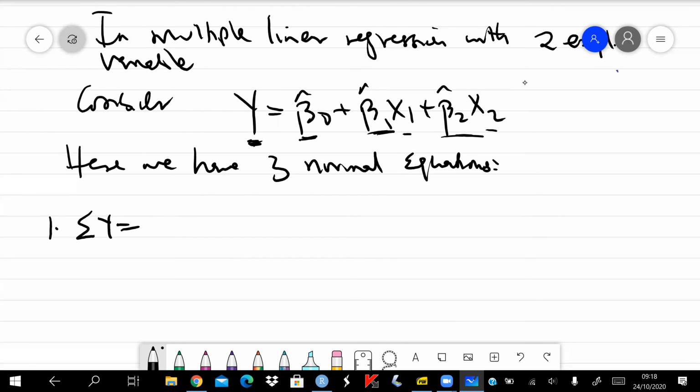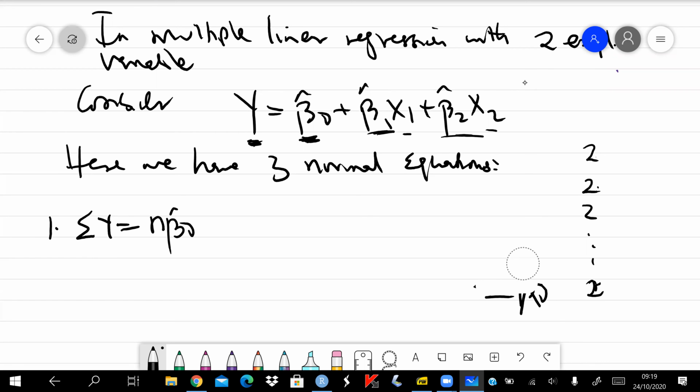Beta naught is a constant, something like a 2, so you are adding 2 n times, 2 plus 2 plus 2 all the way to the nth time. That's why we just bring in an n, then beta naught estimate. You will not get summation of beta naught.